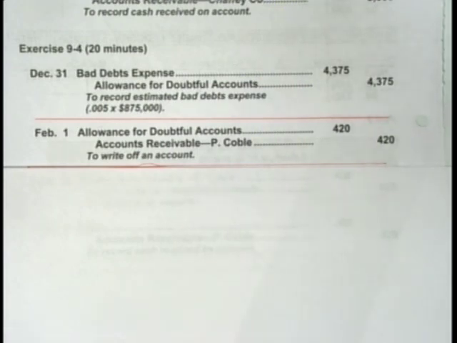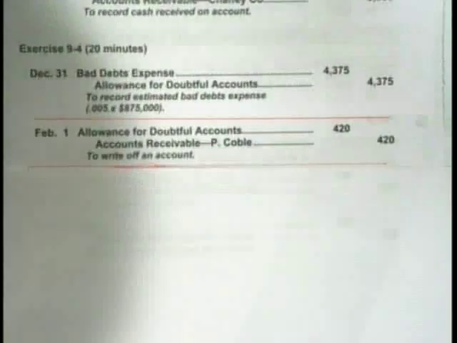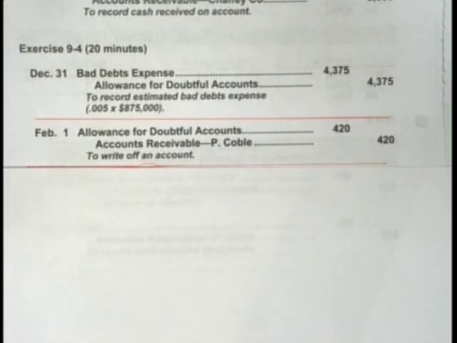Well, it can have a debit balance because this is when the account is debited. If we've been writing off more specific accounts than we were estimating as bad debt expense, then your allowance will have a debit balance. Make sense? Okay?